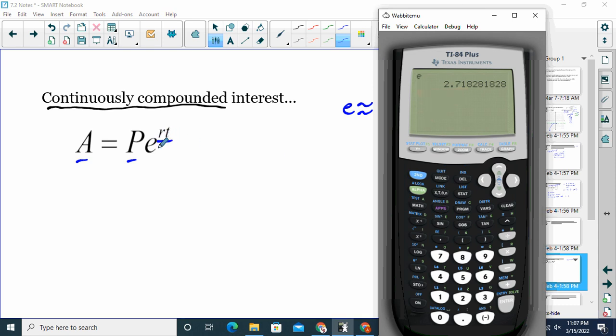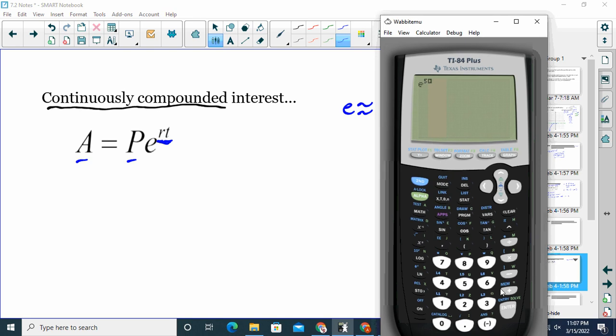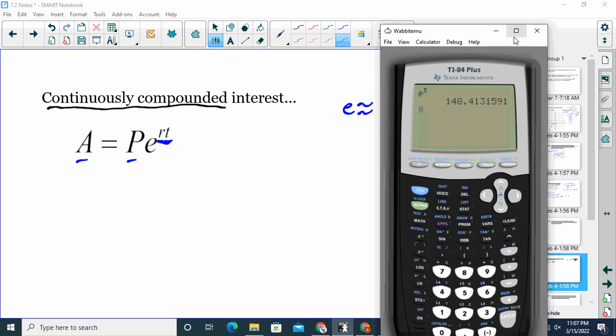Usually when you are dealing with the natural number E, we will be raising it to an exponent, which you can do just fine by using that same E that we just had and then pushing the caret to the fifth or whatever you need to raise it to. But there is an E to the X button as well. It's right over here on the left side. It's in blue above the LN. So second LN will pull up E to the, in this case, fifth.